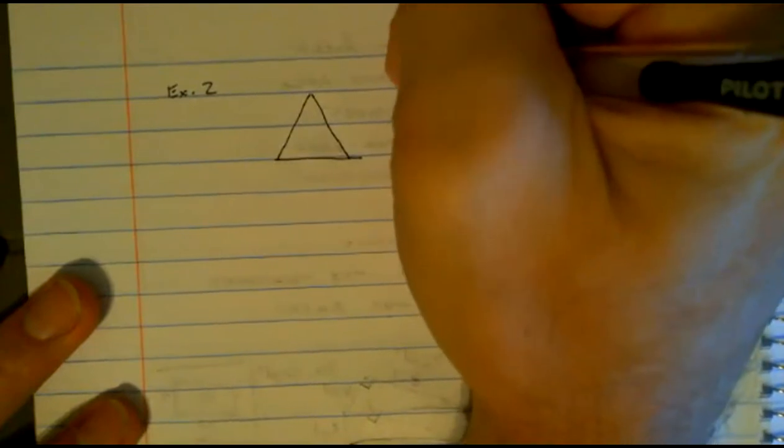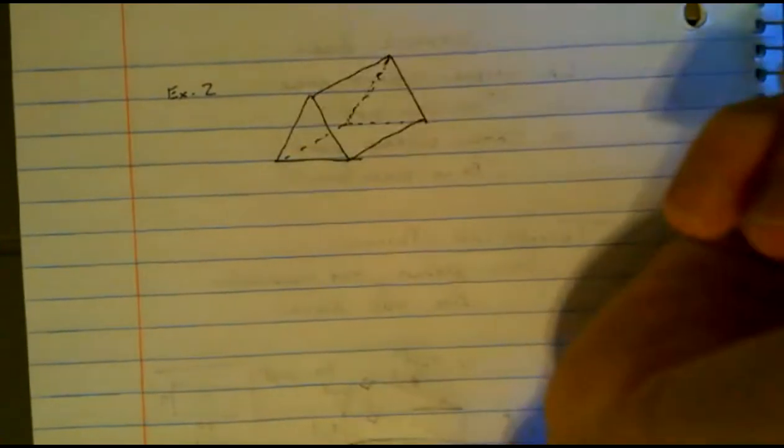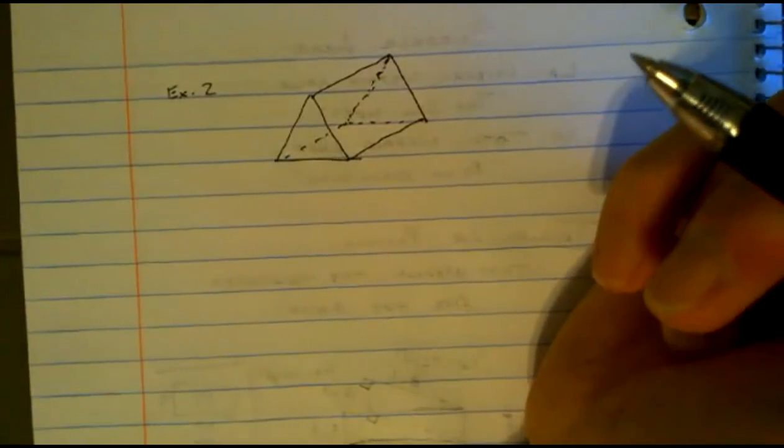We're going to have this guy here, and then we'll come up here and draw this guy like this. Okay, so here is our triangular prism.